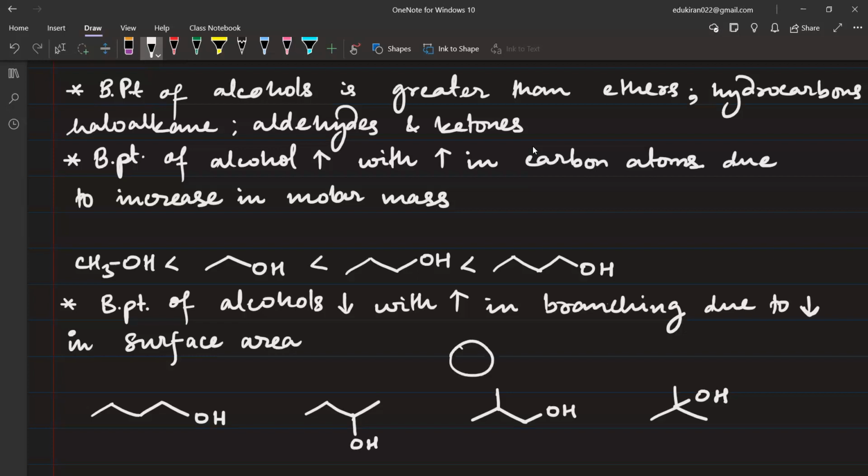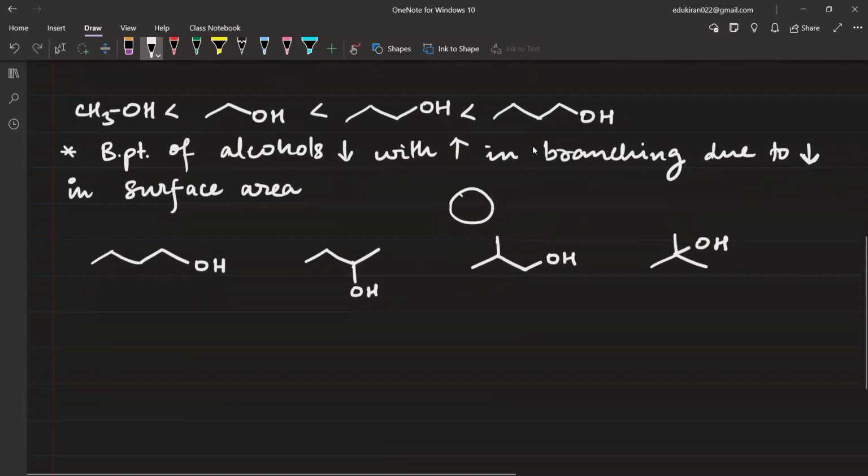As you see, as we increase the branching, the shape of the molecule is becoming more and more circular. Can you see that? In reality, it will be spherical. So if it becomes circular, then what is going to happen? Then surface area is small and the separation of charge will not have a larger instantaneous dipole. This will be delta negative, the last delta positive will be here.